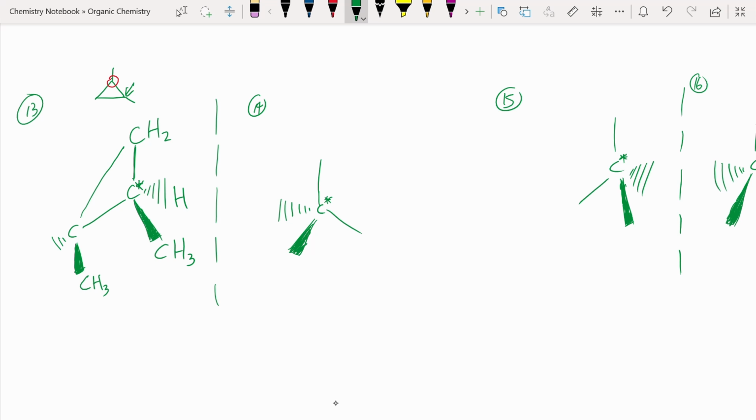Since this carbon is also chiral, we have the bold and the dash. Now next up, we're just gonna copy this one but in the reverse order.